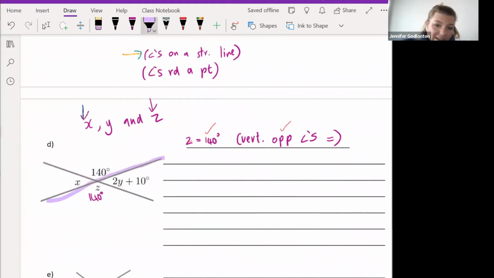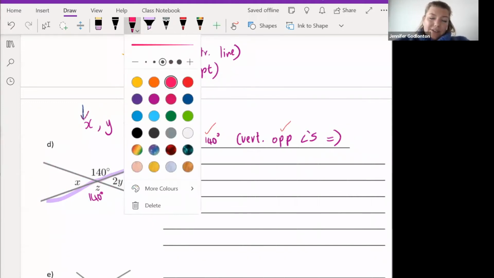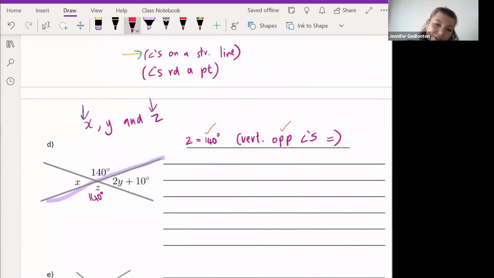That means these two next to each other, because they're on a straight line, have to equal 180 degrees.